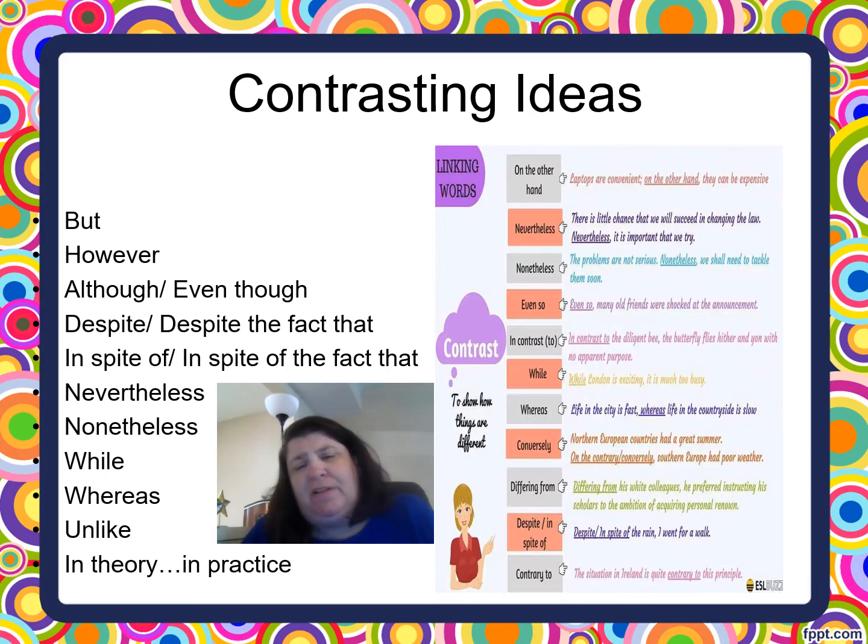So many of these words are interchangeable where you can pick and choose which ones fit your particular style, because I don't think many of you are going to be using the word whereas, but if you do, you're going to look real smart. And people are going to be like, what? And smile because you know it. You're smart.